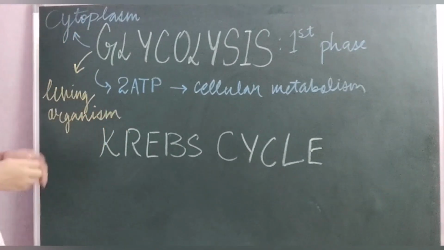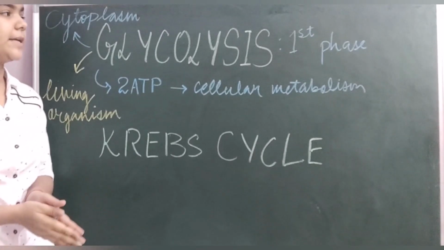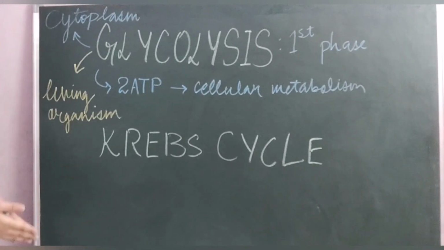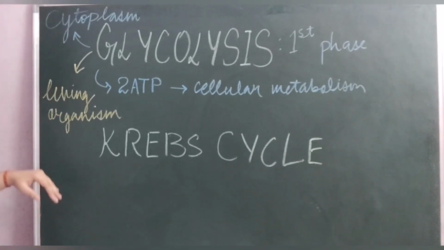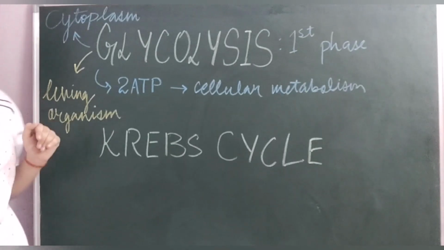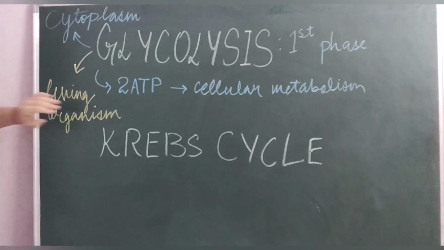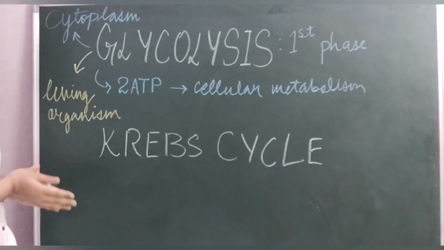So glycolysis is the incomplete breakdown of glucose that takes place in the cytoplasm, releasing energy which is further used for cellular metabolism, and this is the first phase and also the main pathway for glucose breakdown.